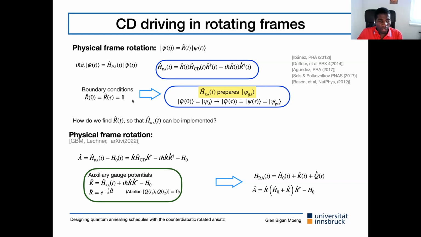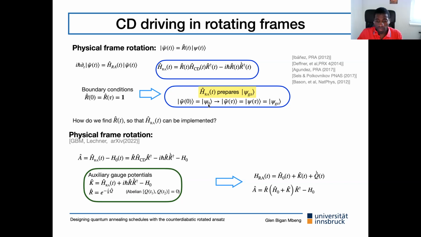However, if we are able to find a rotation such that at time 0 and at final time it gives the identity, then the Hamiltonian H_RA also prepares the ground state we were trying to prepare.